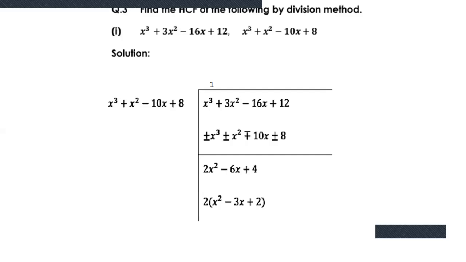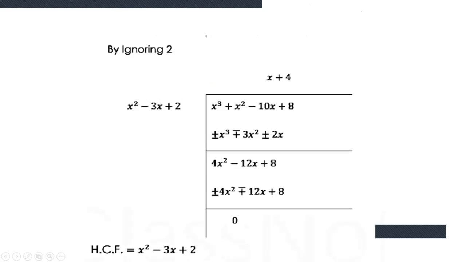You can see that 2 is common here. If we take 2 common, the remaining will be x squared minus 3x plus 2. In the next step, we will ignore the 2, take out this x squared minus 3x plus 2, and put it inside the bracket by ignoring 2.